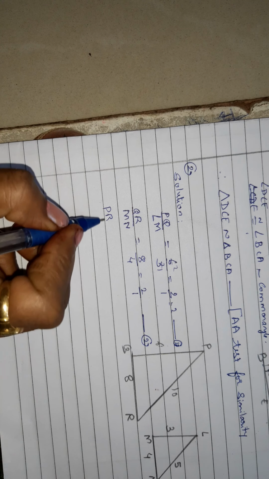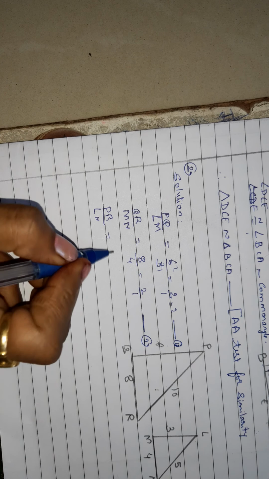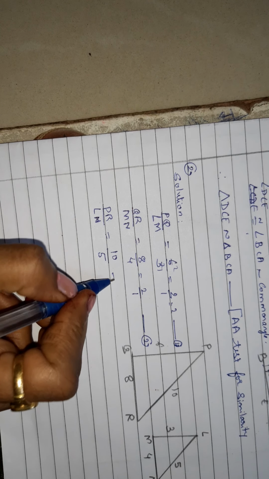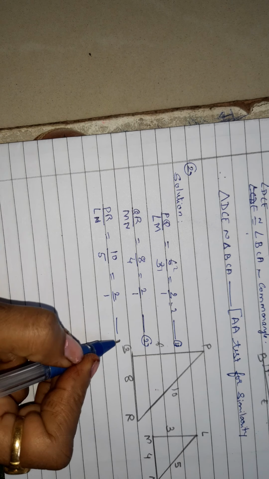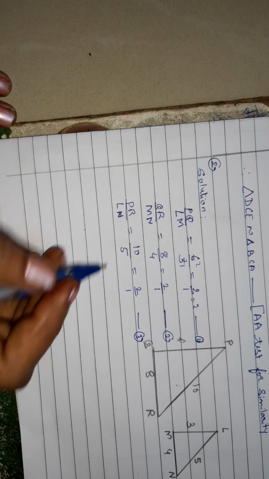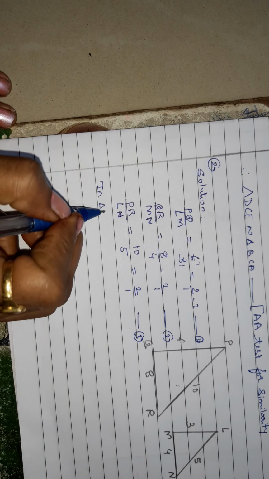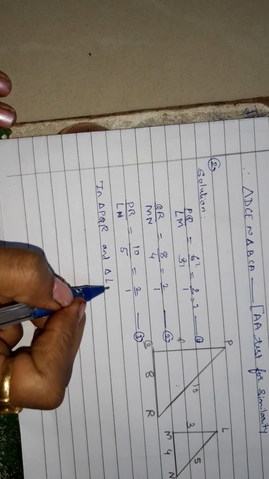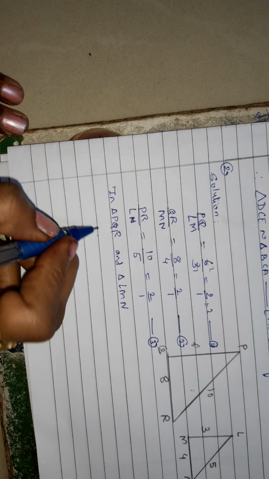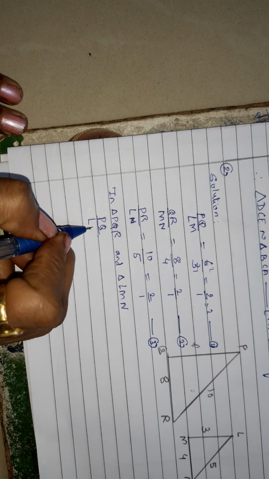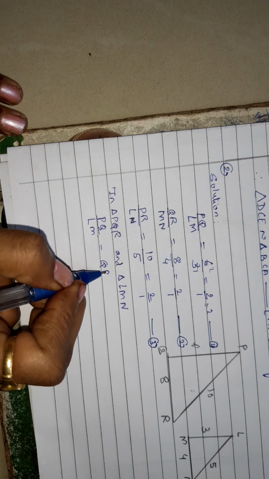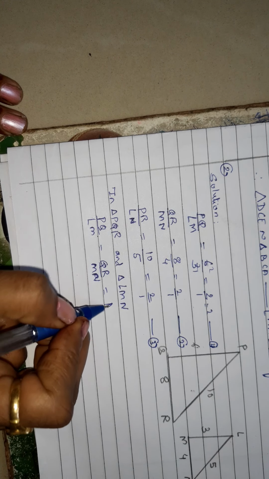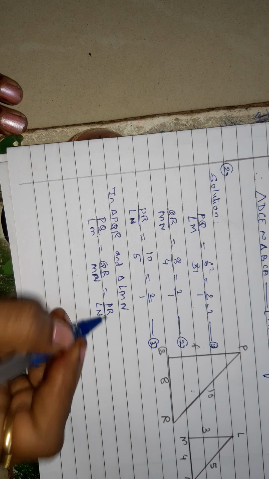Next side is PR upon LN. PR is 10, LN is 5. So it becomes 2 upon 1. This is equation 3. So in triangle PQR and triangle LMN, the ratio PQ upon LM is equal to QR upon MN is equal to PR upon LN.